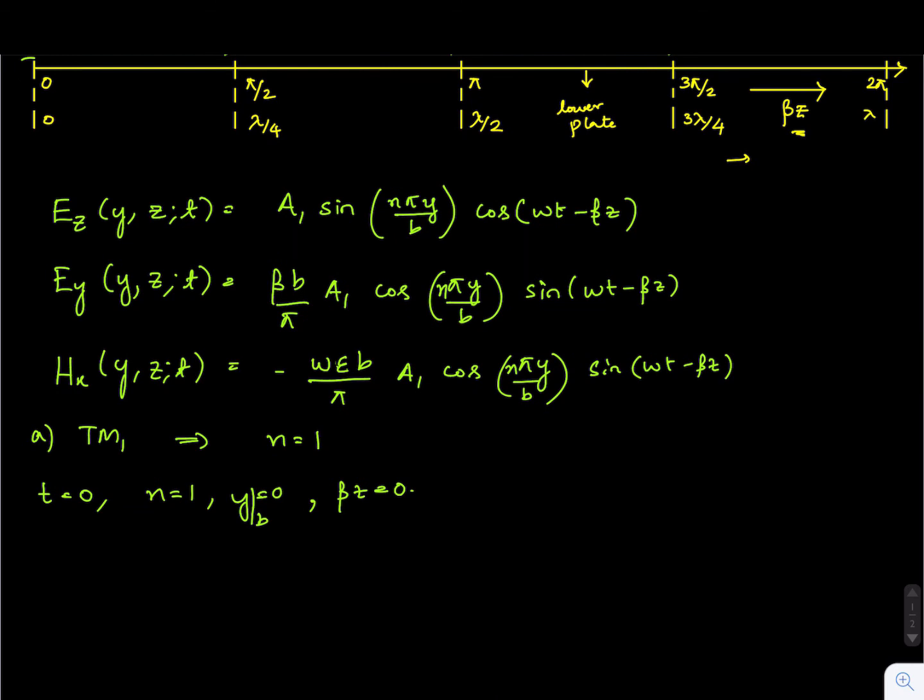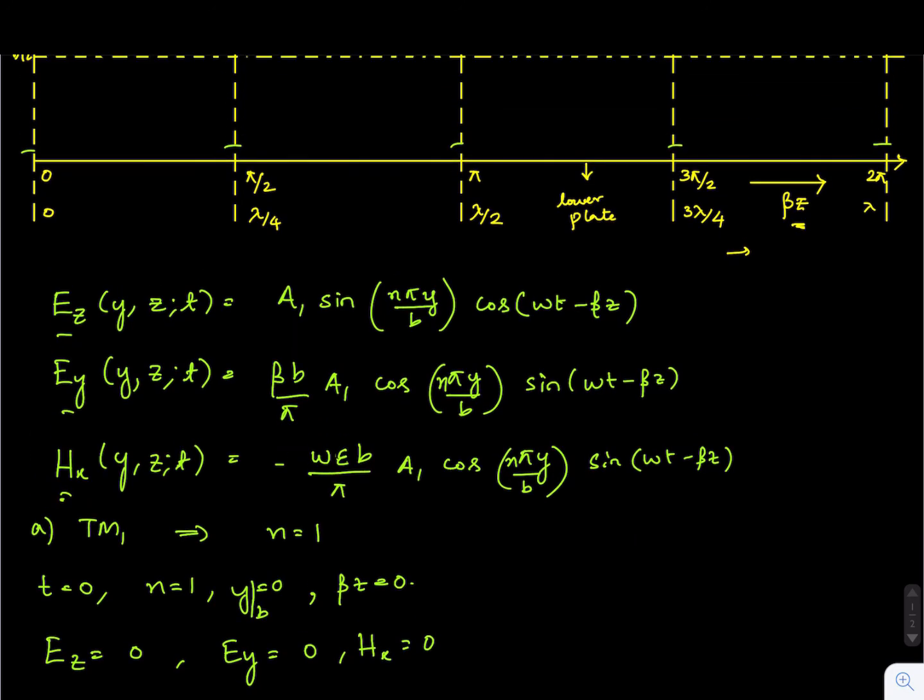The electric field has only z and y components, and the magnetic field has only an x component. If y by b is equal to 0, then Ez is equal to 0. Ey is again going to be 0 because sine beta z is equal to 0. And Hx is also going to be 0. So we have no magnetic or electric field at this point.